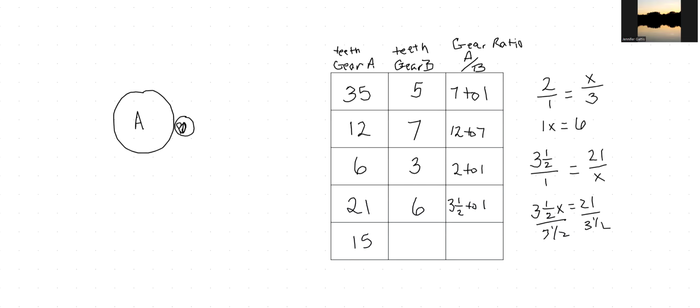Well, in this case, we are going to say 1 over 3 is equal to 15 over our unknown, and we're going to cross multiply again. So 1x is equal to 45, which means that the number of teeth on gear B, oh, got ahead of myself there. Number of teeth on gear B is going to be 45.